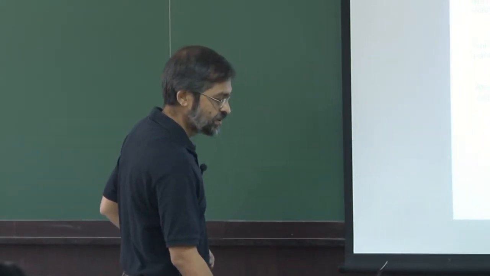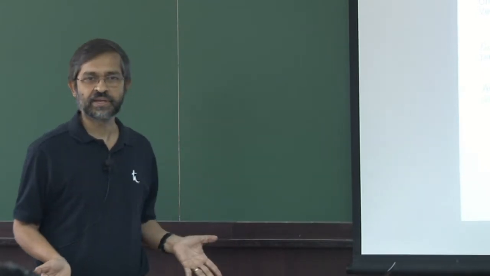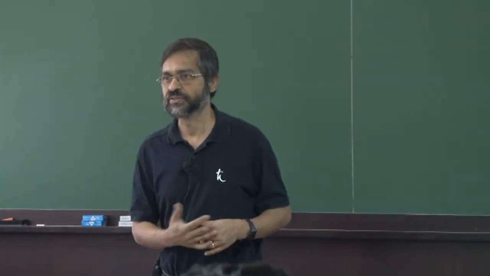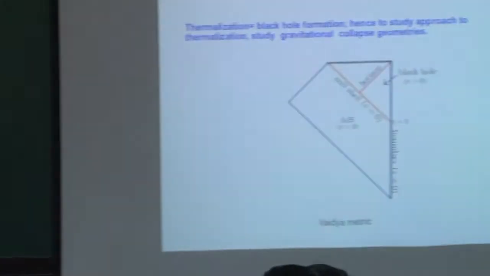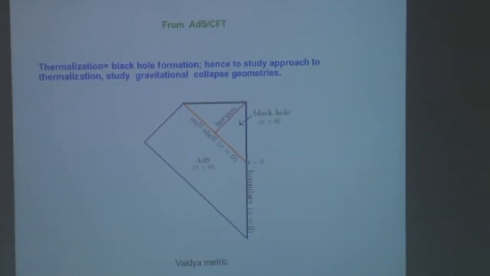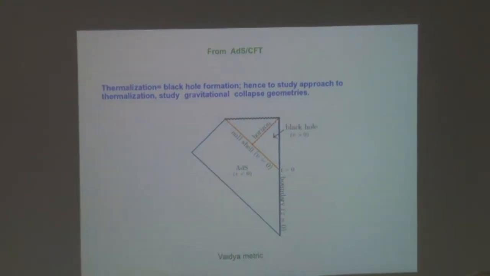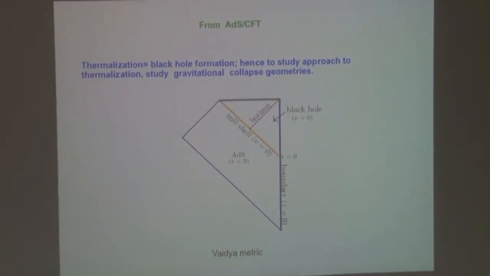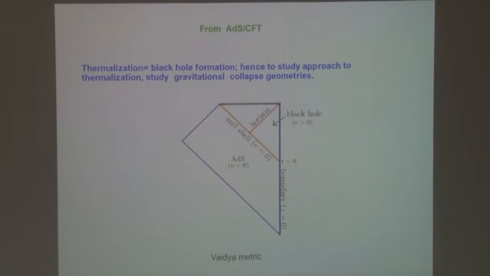Okay, so the advent of ADS-CFT has made this question even more interesting, because for example, equilibrium properties are described by black holes, and therefore at least the long time behavior in systems where there is equilibration, it would make sense to try to see the universalities of gravitational collapse geometries. This is the one in which you send in a null shell.